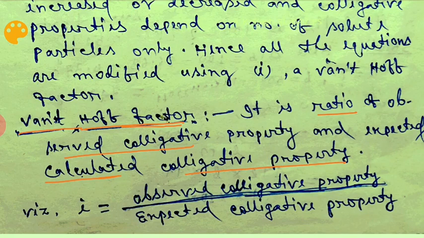Expected colligative property means the actual colligative property that should be the value of that substance. So we can write i is equal to observed colligative property by expected colligative property.